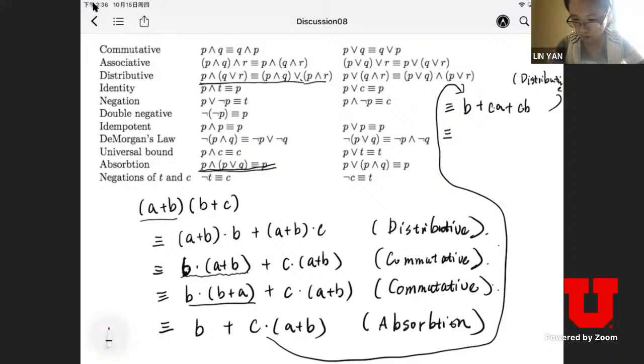Then these two items both have B. We can use commutative to change the order of it. B, C. We change the order of BC as well because we want to use this one.